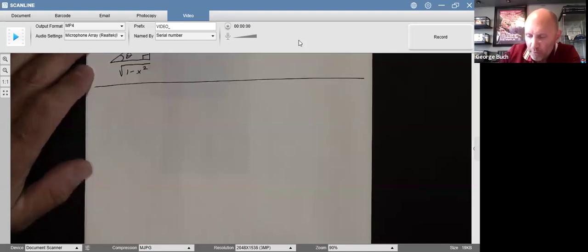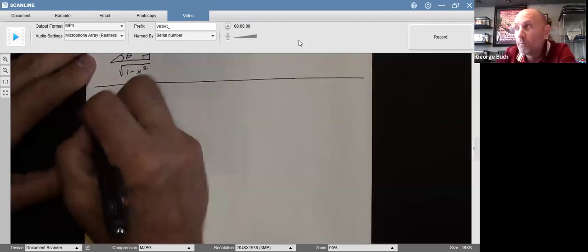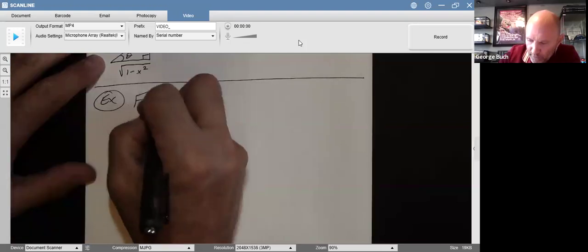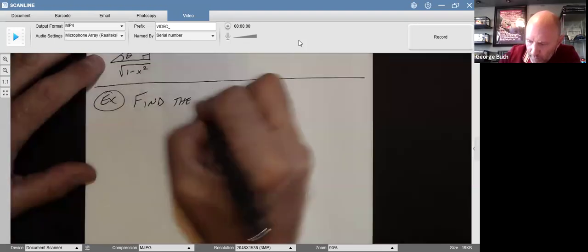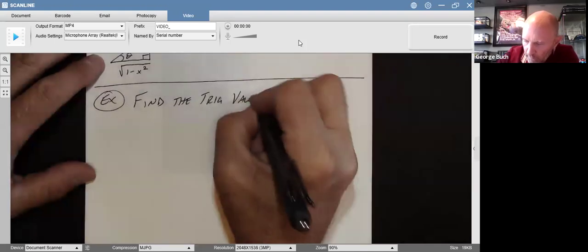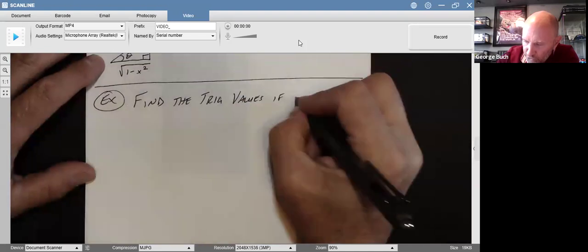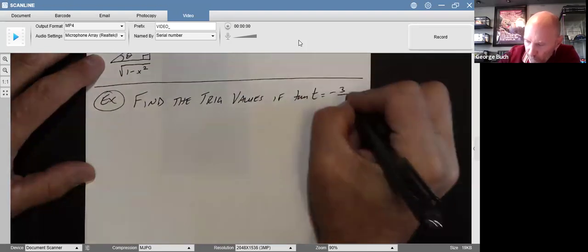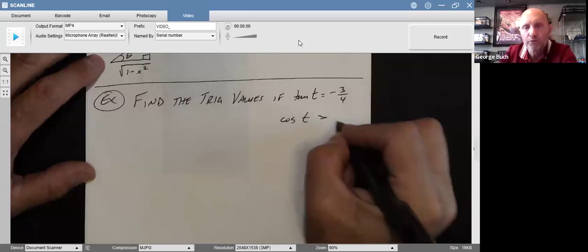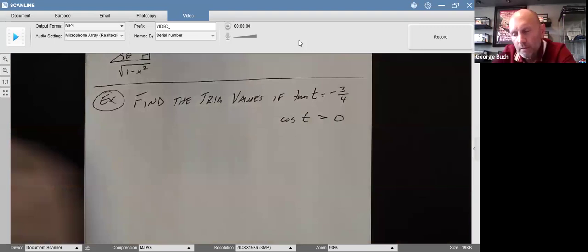If you remember back to lesson number 2, you had a problem where it said find the trig values if tangent of t is -3/4 and cosine of t is greater than 0.